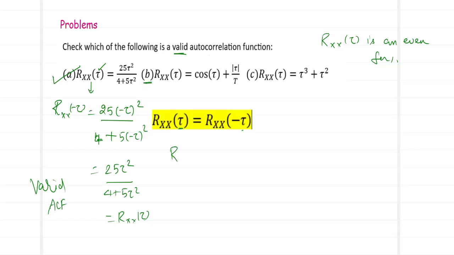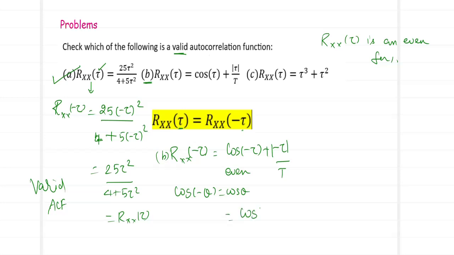We will check the same thing for the second one. I am replacing Rxx of tau by Rxx of minus tau. So I have cos of minus tau plus modulus of minus tau divided by t. Cos is an even function. What do you mean by an even function? You know that cos of minus theta is equal to cos theta. So cos of minus tau will again be equal to cos tau.